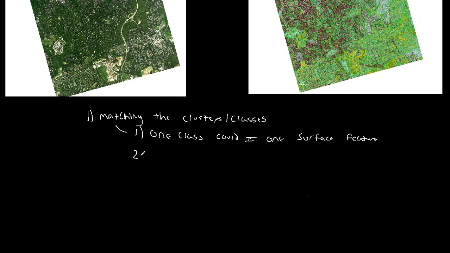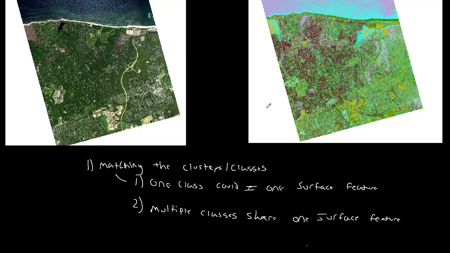Two, we have multiple classes that share one surface feature. If we scroll up just a little bit, we can see, for example, forests are probably a good example of that, where we have the yellows and we have different shades of green, which are all going to likely be forest.